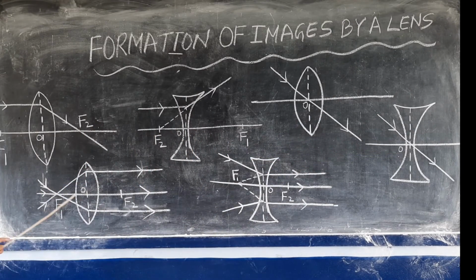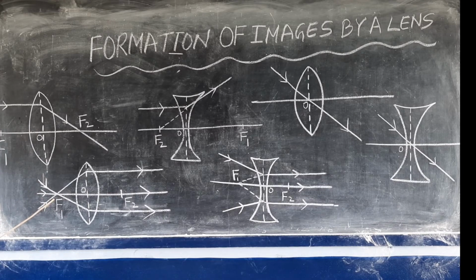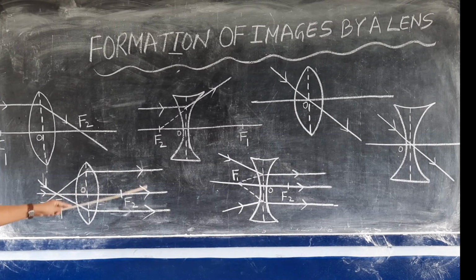And the third one is here. When a ray of light passes through the first focal point in the case of a convex lens, after refraction it goes parallel to the principal axis.